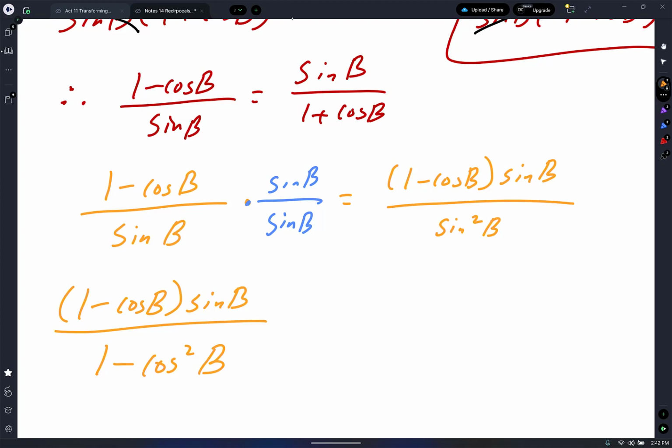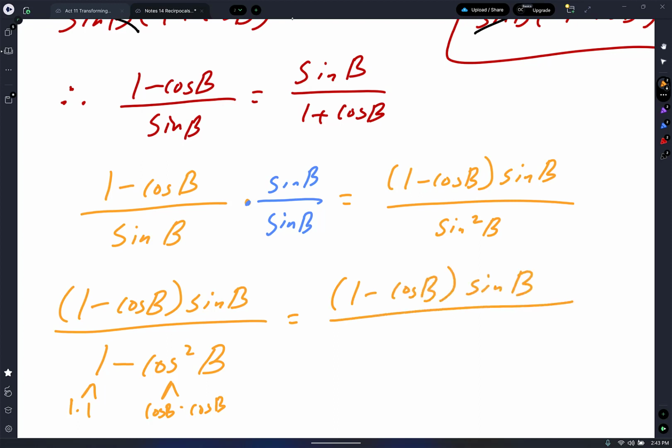This in the bottom is the difference of squares. See? 1 times 1, cosine b times cosine b. That's the difference of squares, guys. I can rewrite it as 1 minus cosine b times sine b over, parenthesis, 1 minus cosine b, parenthesis, open, 1 plus cosine b.